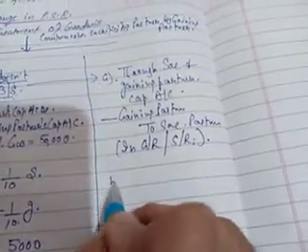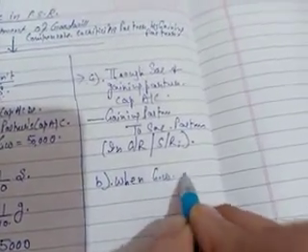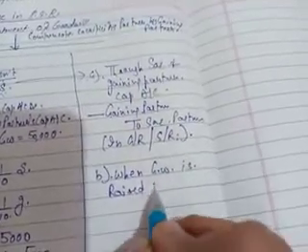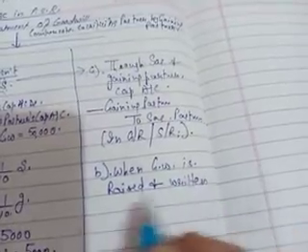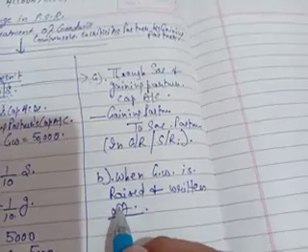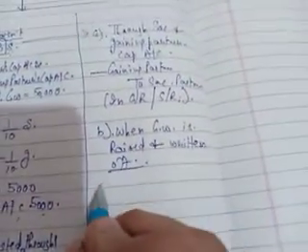Second, when goodwill is raised and written off. Two journal entries are passed.